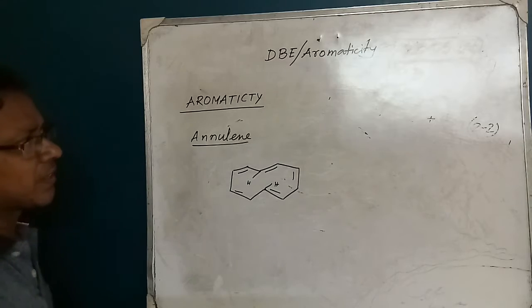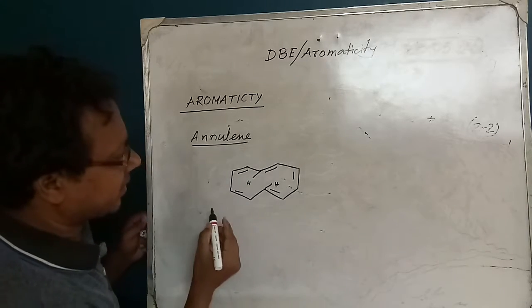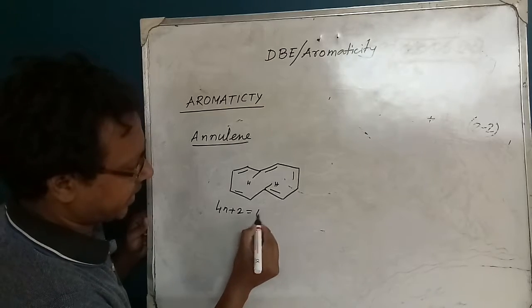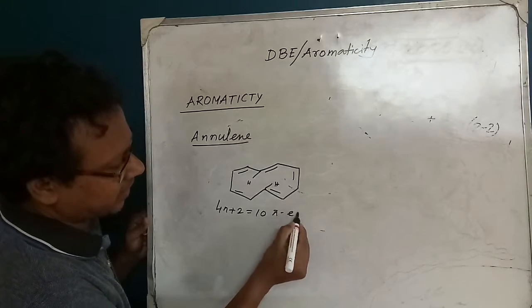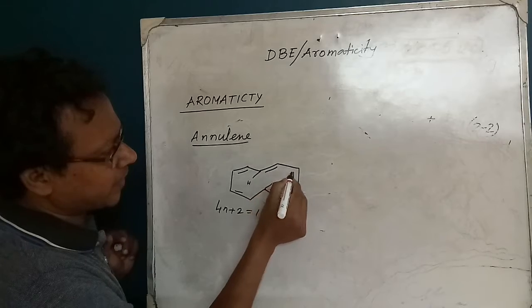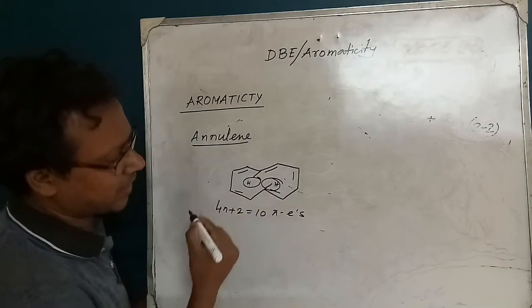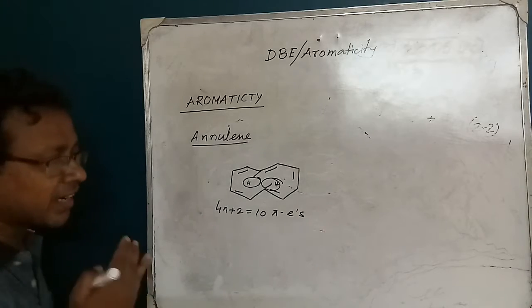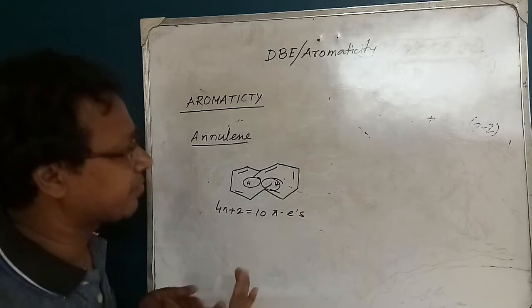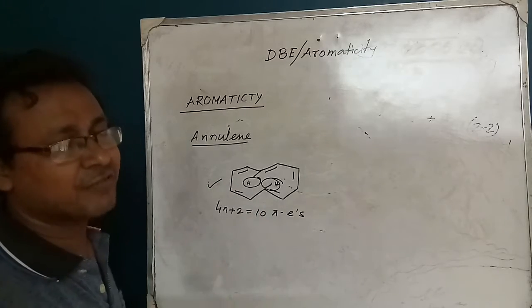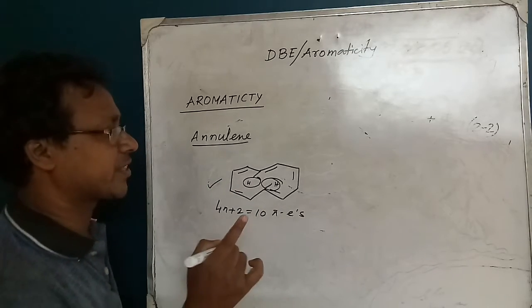Here you can see that there are 4n plus 2 pi electrons, that means 10 pi electrons: 2, 4, 6, 8, 10. But these hydrogen atoms point toward each other and undergo severe steric repulsion. That's why its planarity is lost, and that's why aromaticity is lost.